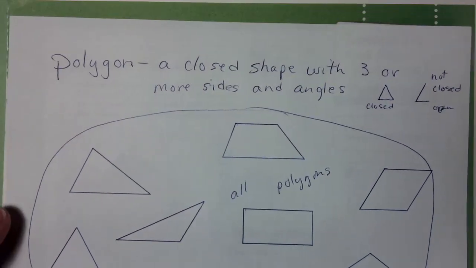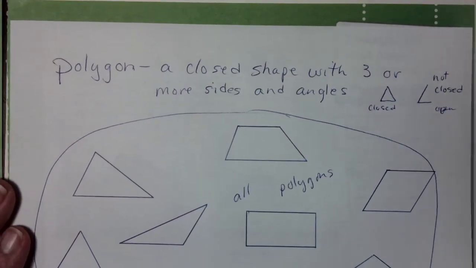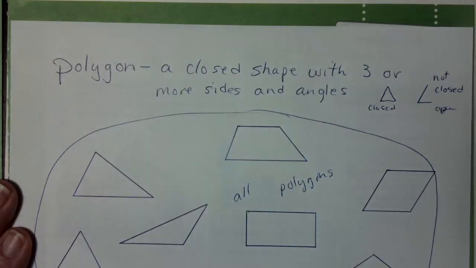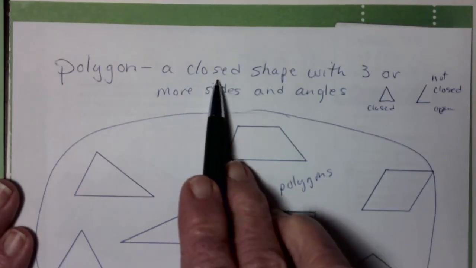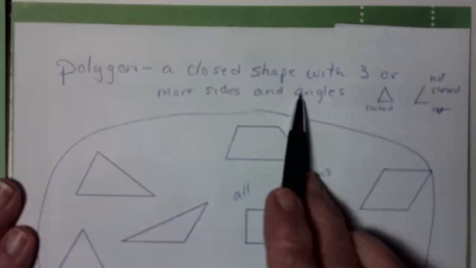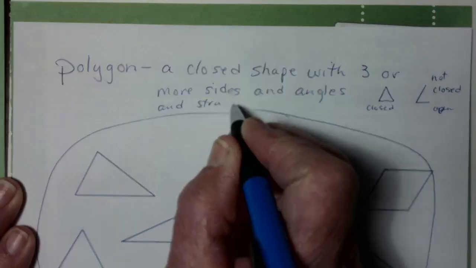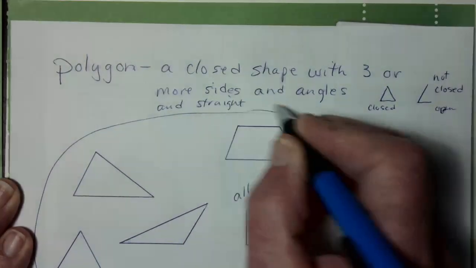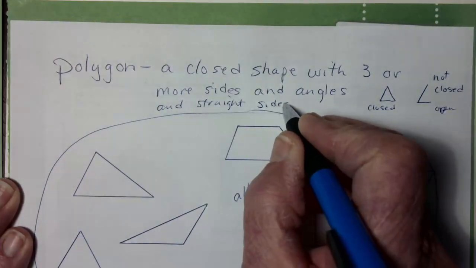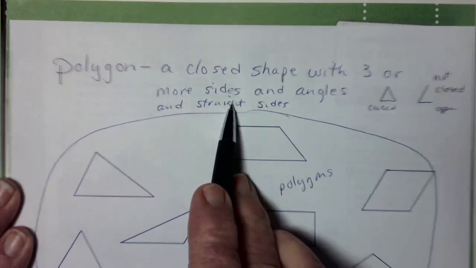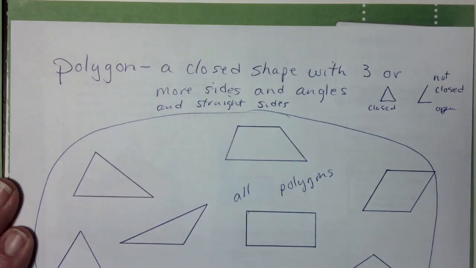So we need to add something to our definition right here. A closed shape, because these were closed, the circle and this oval were closed also. So it's a closed shape with 3 or more straight sides and angles. So we could have inserted that word right there in front of sides and taken care of that.